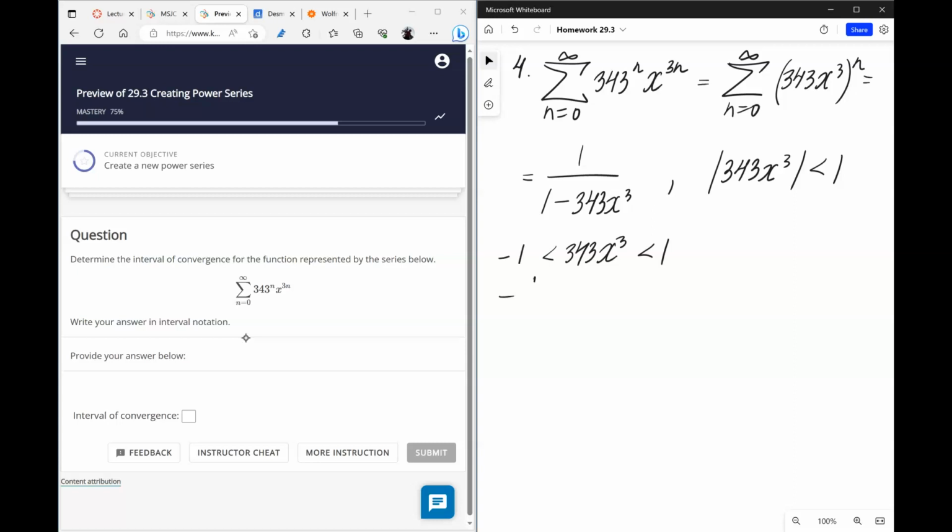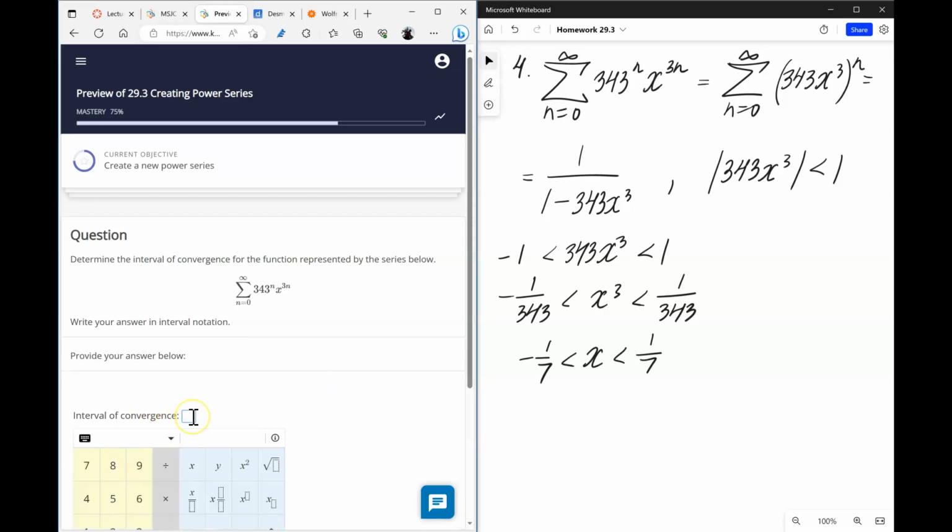We divide both sides by 343. The cube root of 343 is 7. Since we did it analytically, we don't have to verify the endpoints.